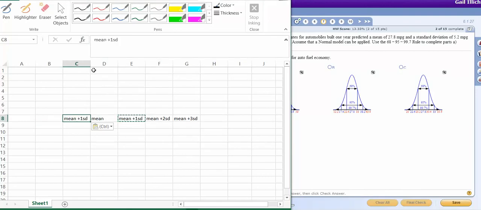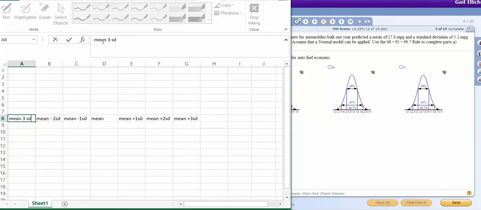But what I want to do here is the mean minus 1 standard deviation. And then on this one, it's just as easy to type, isn't it? Mean minus 2 standard deviations. And then the mean minus 3 standard deviations.